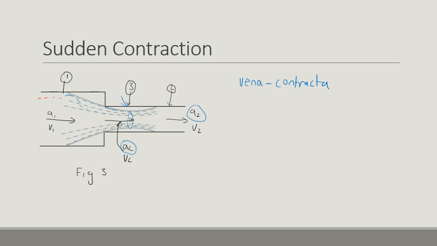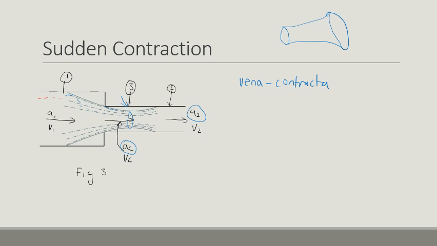So the sudden contraction case will be considered as a case where the main loss is the sudden expansion from the vena contracta to the full bore, or the full area, of pipe 2.